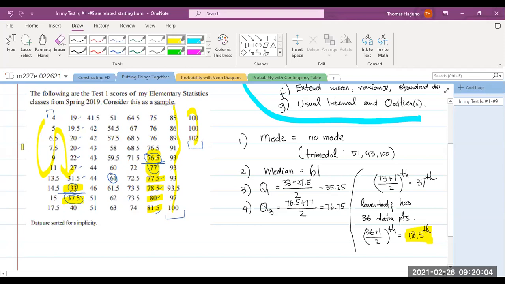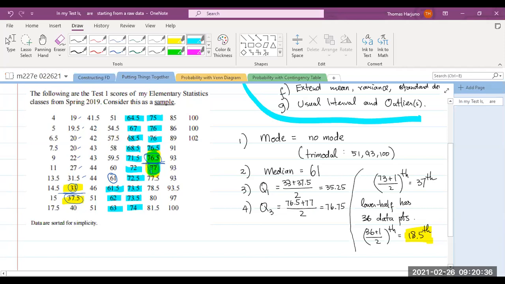Okay, now, by the way, you can also count it this way. Let me erase all of these. You can count it from here. You see that 61.5 is in the upper half, right? So from here, 1, 2, 3, 4, 5, 6, 7, 8, 9, 10, 11, 12, 13, 14, 15, 16, 17, 18, and 19.